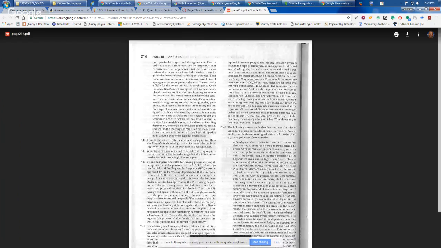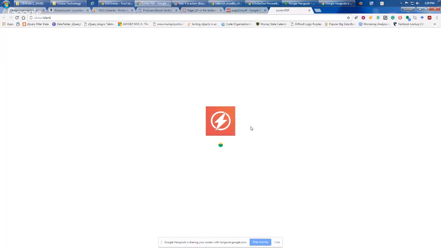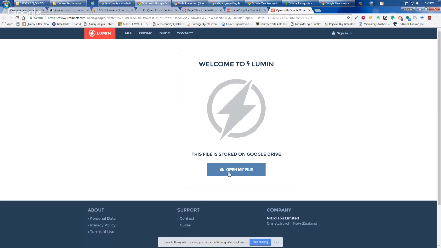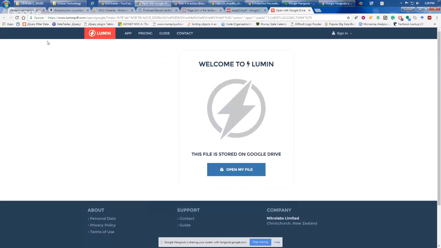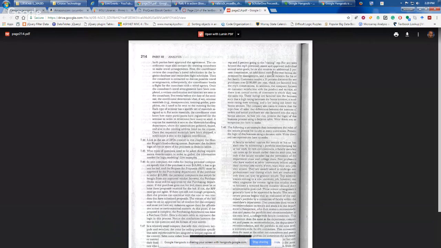Okay, there it is. This textbook page has different problems. In this, we'll pick up problem 246. See if we can just take a screenshot of this.